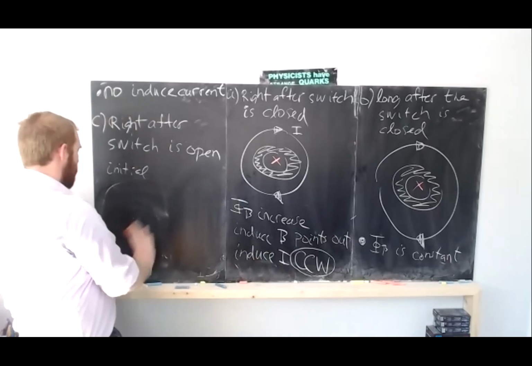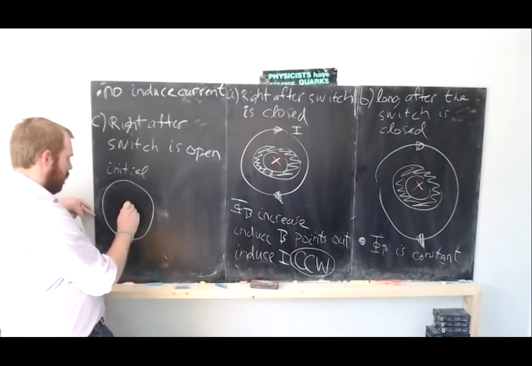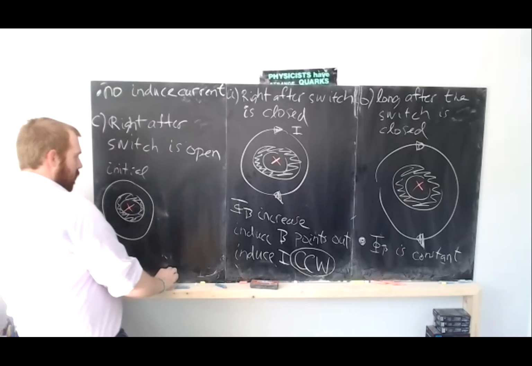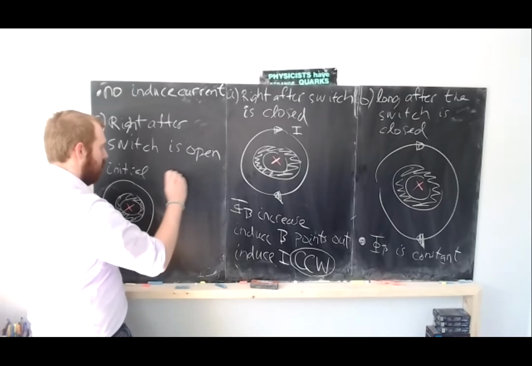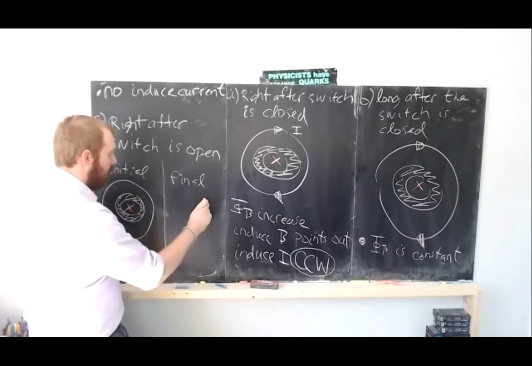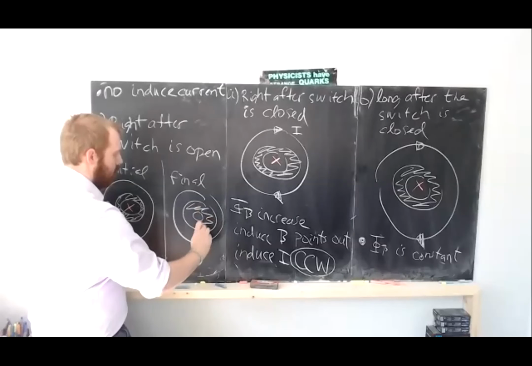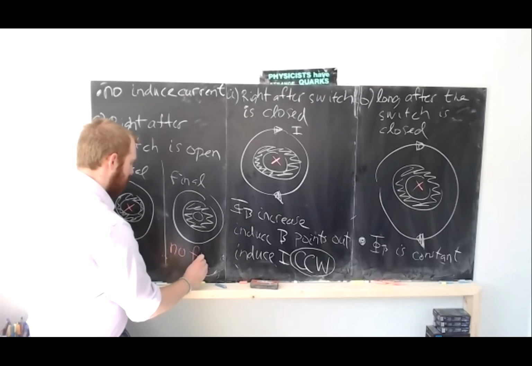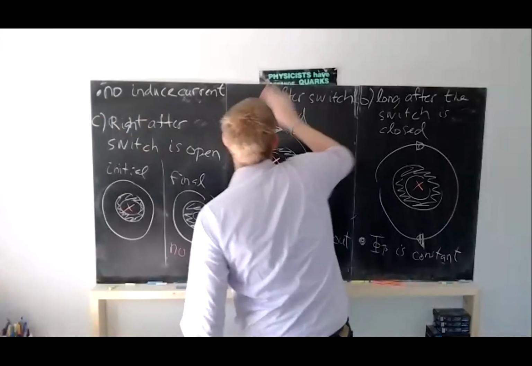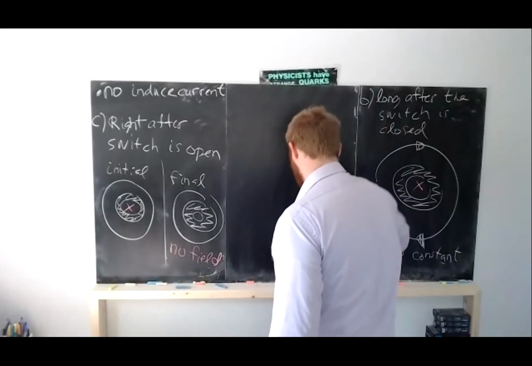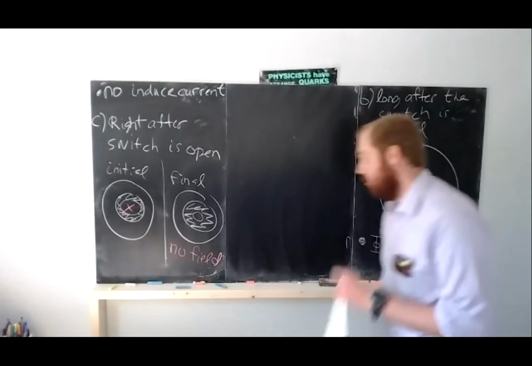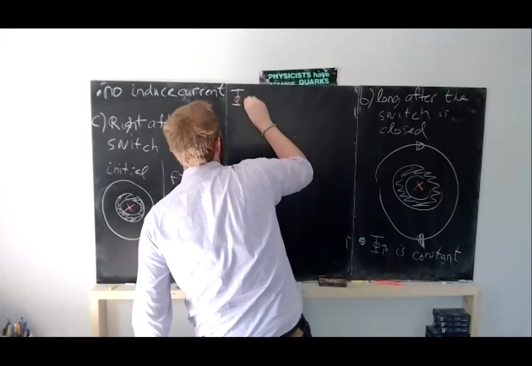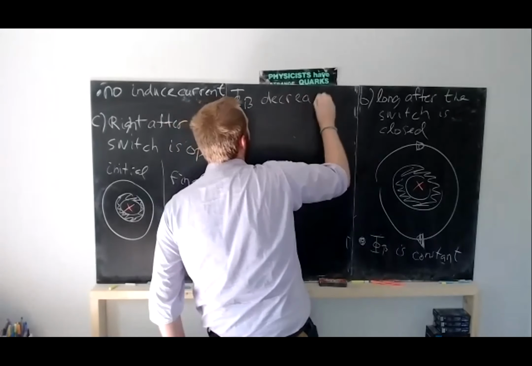We went from having some field present to no field, which is to say that the magnetic flux decreased.